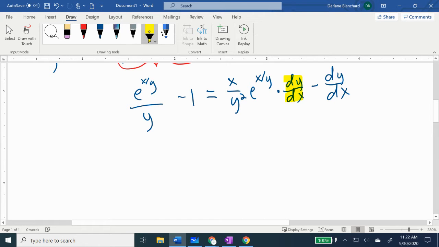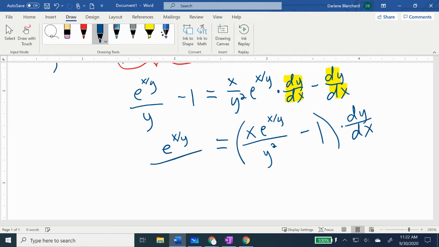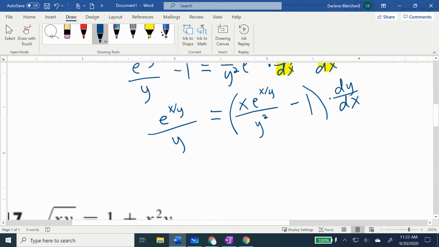Now I need to factor the common dy/dx out. And then divide.